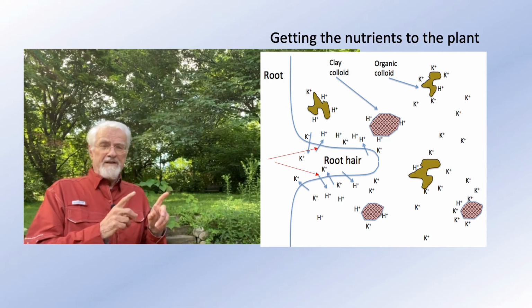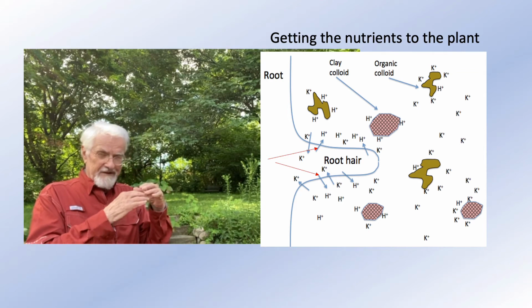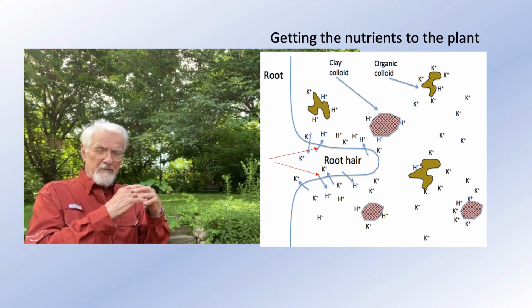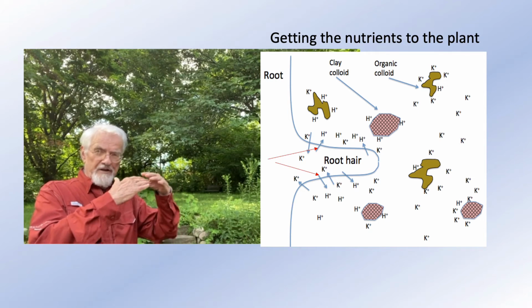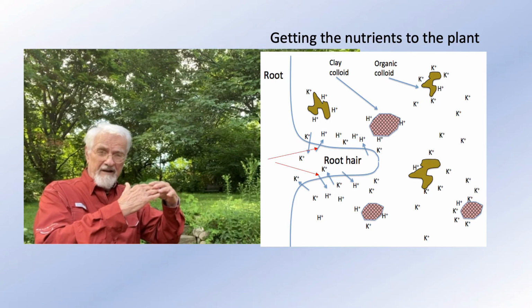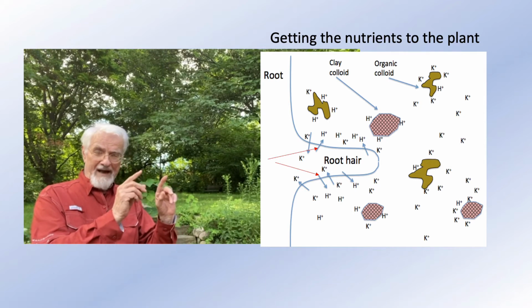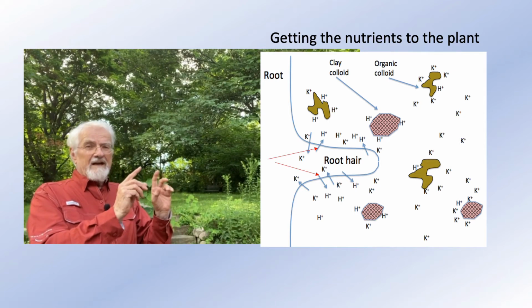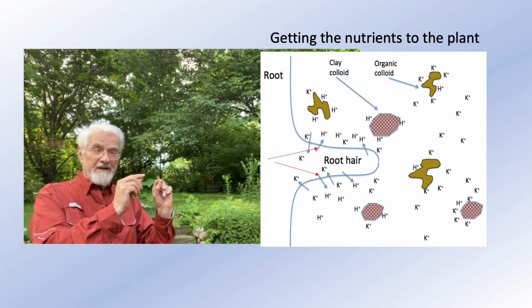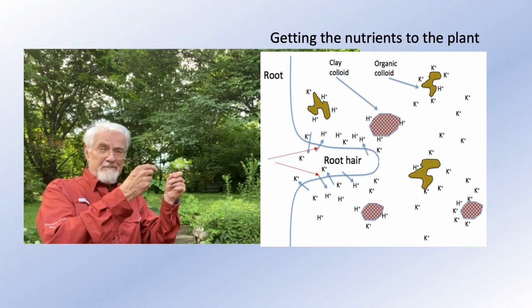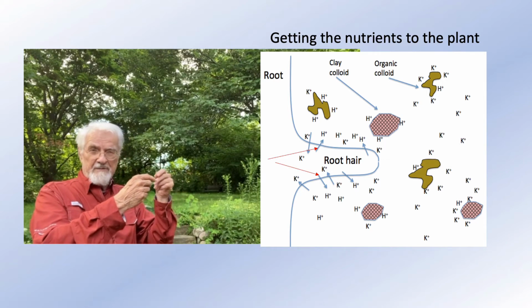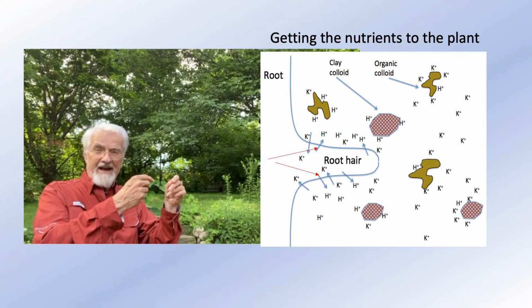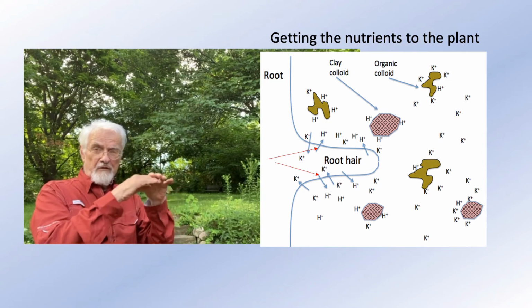If you remember that everything has to be in equilibrium, then for any colloidal particle near the surface of that root hair, suddenly the positive hydrogen ions are coming out there, and they're going to compete with the potassium, the calcium, and the ammonium, the other cations adsorbed to the surface of the colloidal particle.